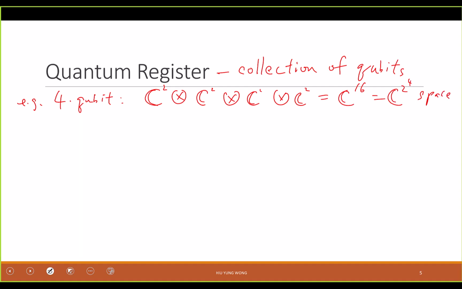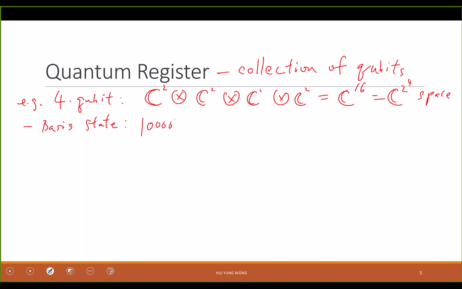We know that already. Now in this space, we have the basis states. What are the basis states of this space? Okay, all of them. And what are they?